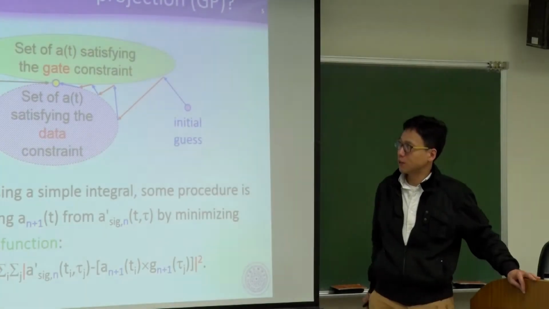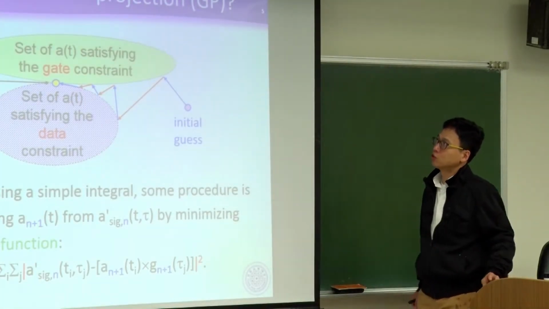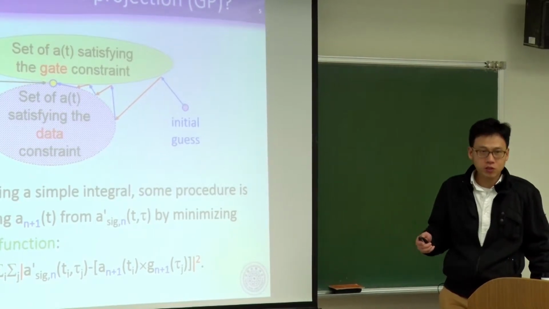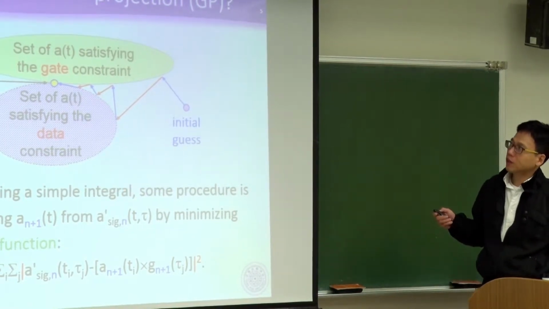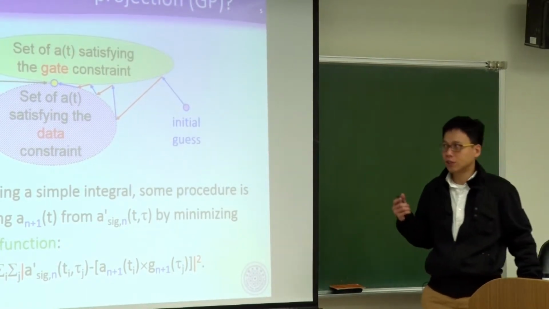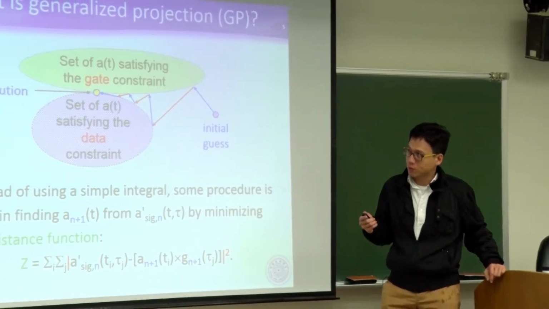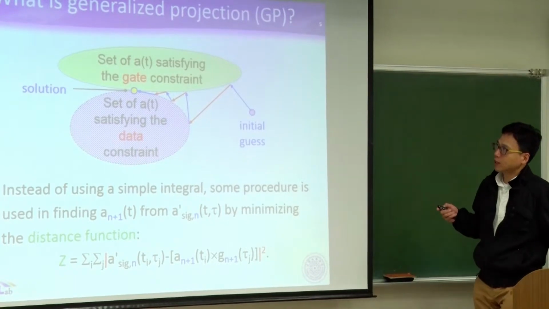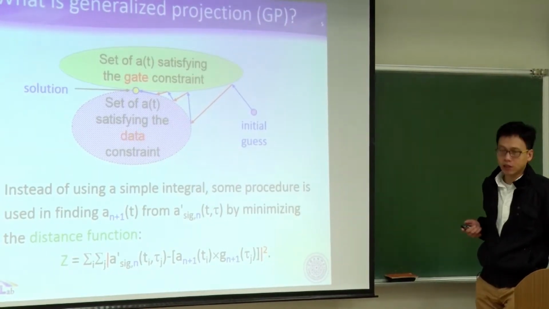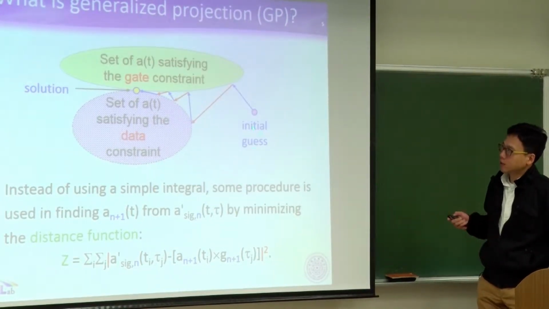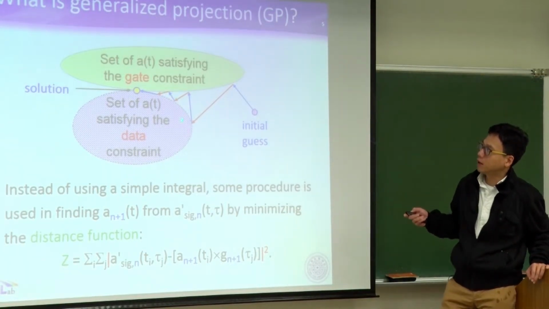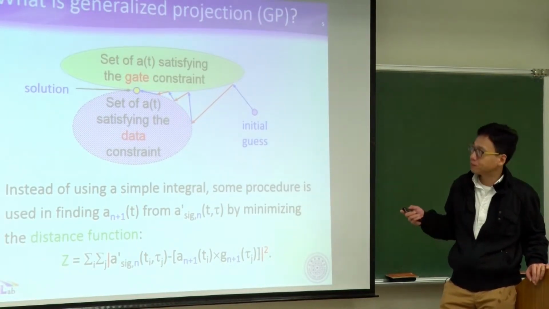Let's continue the introduction to generalized projection. As I mentioned on Tuesday, there are two constraints in all the FROG algorithms. We have the gate constraint and the data constraint. The initial case, of course, is usually in neither of the two sets.